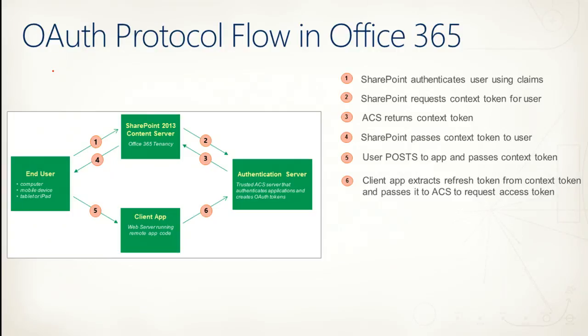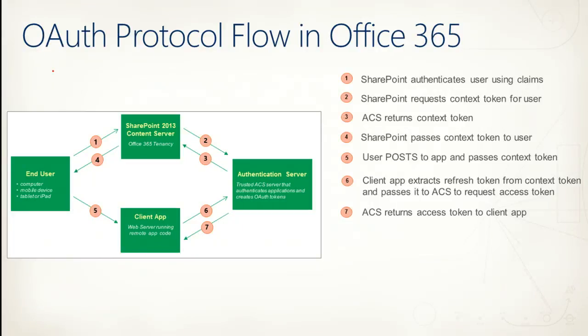And so by the time it gets the context token, it requires that client secret to pull out the information and get what it needs to call back into SharePoint. Also, the client app, the remote web, is required to take that secret and encrypt data as it passes it to ACS and asks for an access token.